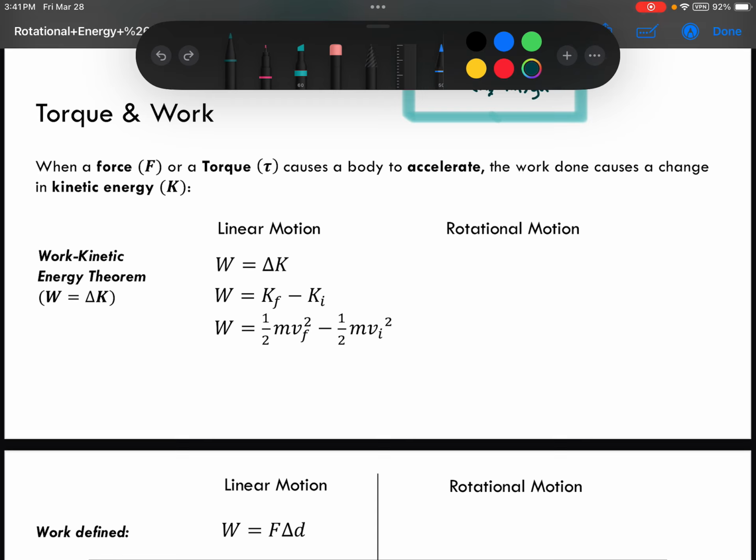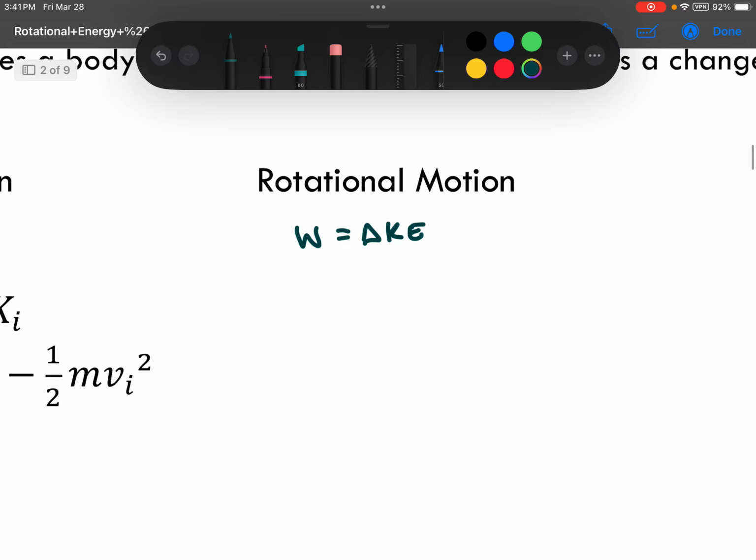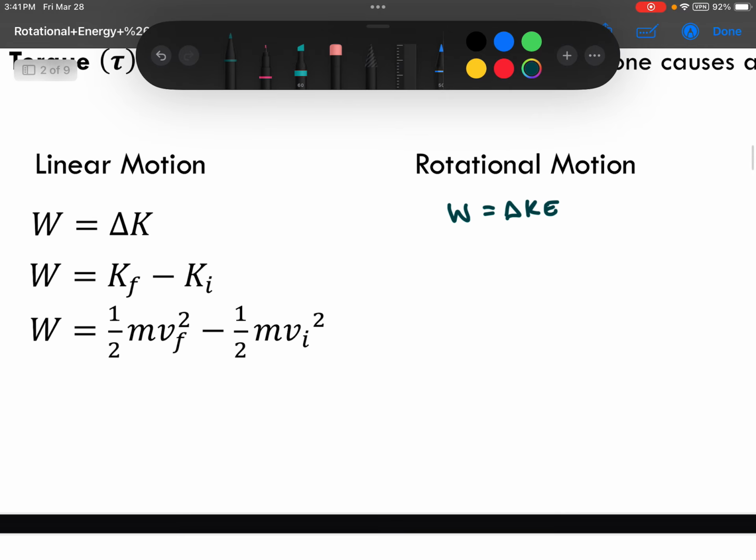Rotational motion, same relationship. Work equals the change in kinetic energy. Now, if we're just dealing with rotational motion, then work is the final rotational kinetic energy minus the initial rotational kinetic energy.